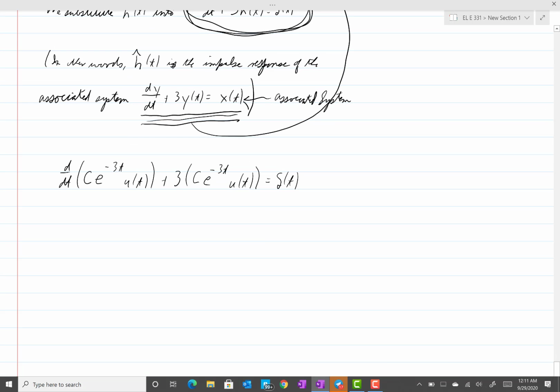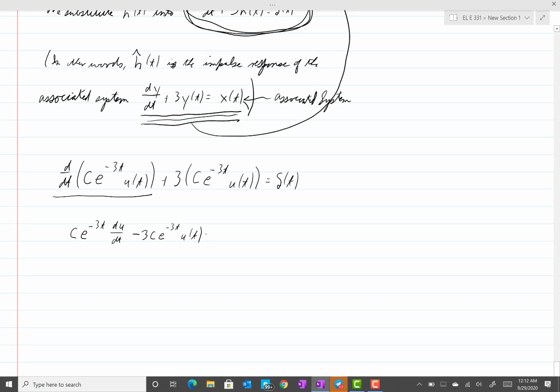Okay, so when we take that derivative, we're going to have to use the product rule, and we have c e to the minus 3t du/dt plus minus 3c e to the minus 3t u of t.